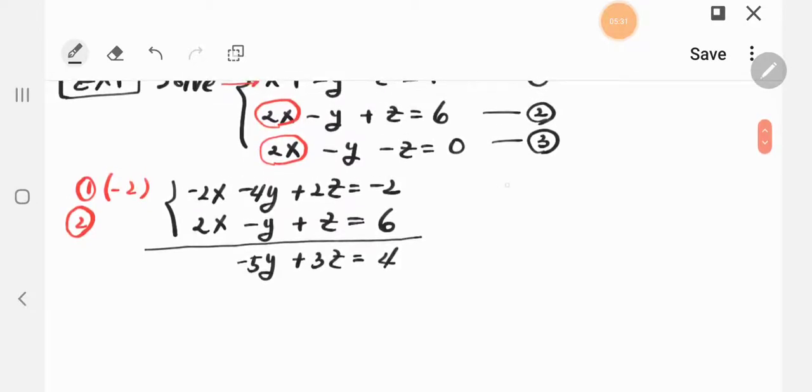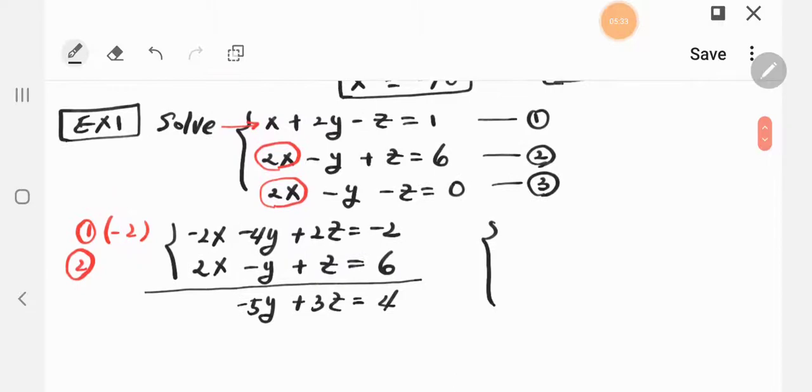Look at this. The first equation is unchanged. The second equation is now replaced by the result that we just got, so the second equation is negative 5y plus 3z is equal to 4.